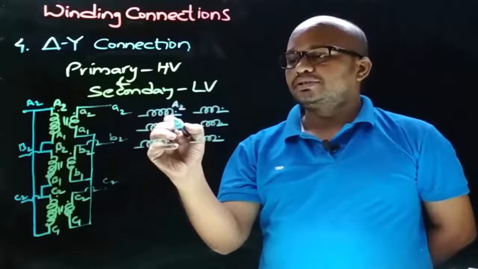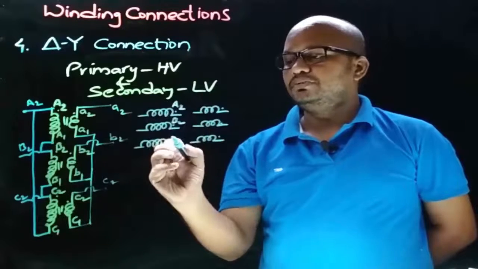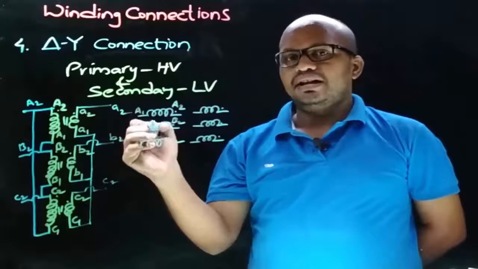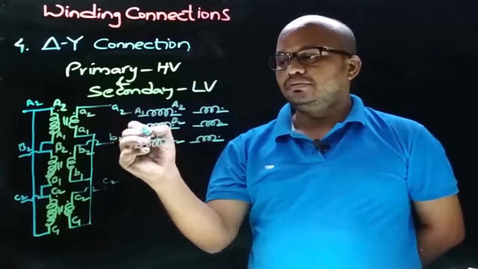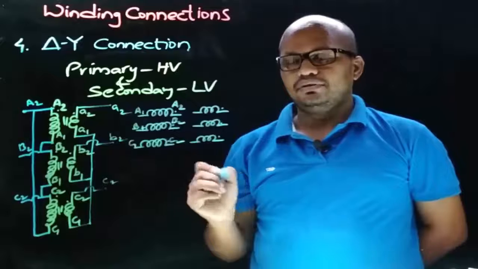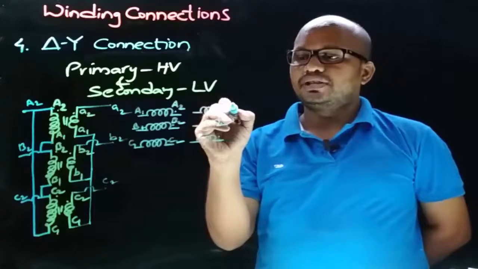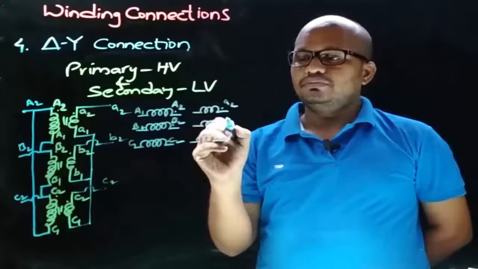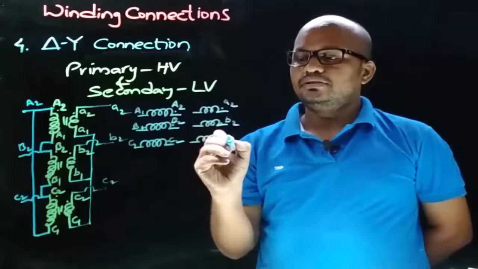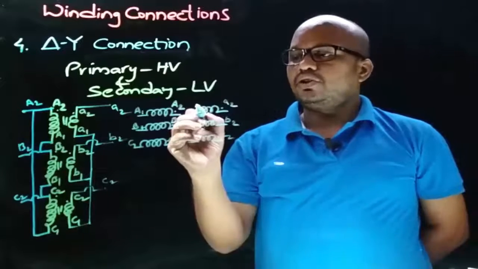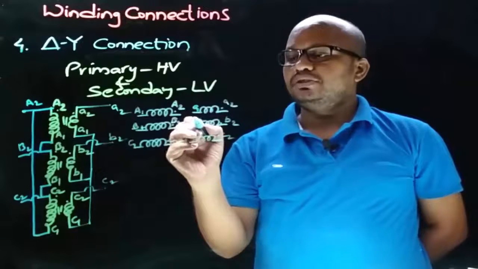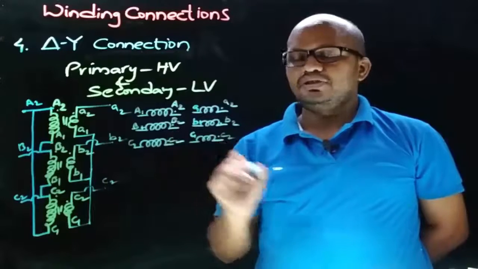So dot end terminals are A2, B2 and C2, and non-dot end terminals A1, B1 and C1. Now coming to the LV winding, so notations are in smaller case, that is small a2, small b2 and small c2, and non-dot end terminals small a1, small b1 and small c1.